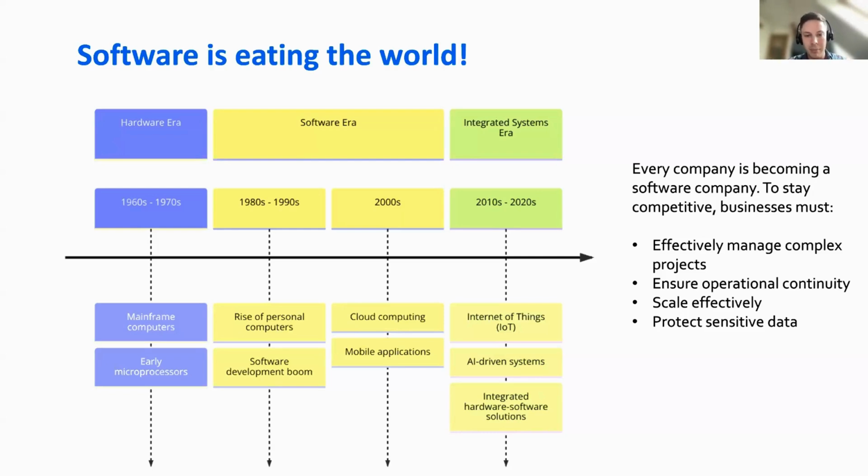Software is really creeping into every pore of life. And that is why Mark Andreessen famously said, software is eating the world. It's really going into everywhere, every nook and cranny. And that is why every company that has something to do with hardware is also becoming a software company.